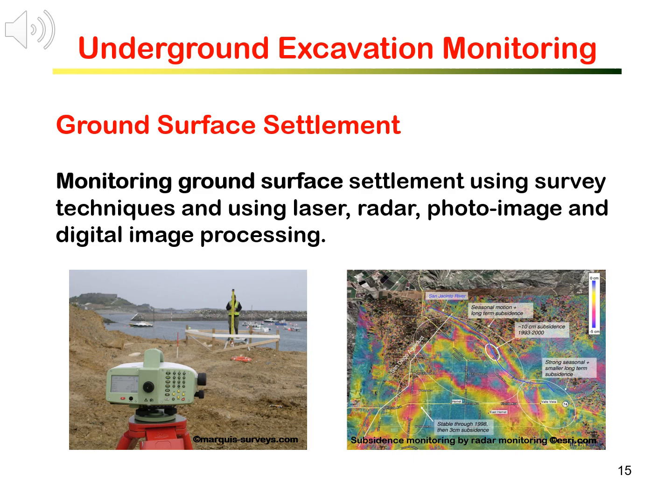For monitoring and assessing ground settlement and subsidence in large areas, for example, associated with underground mining, particularly using longwall and caving methods, laser, radar, photo image, and digital image processing can be used to cover a wide area, as shown by the figure on the right.